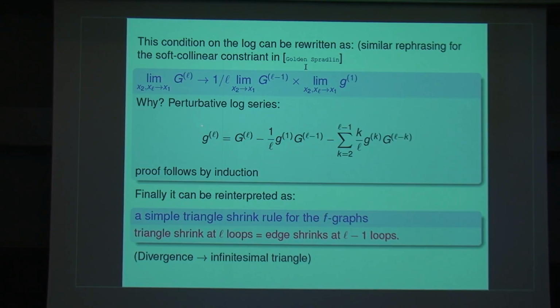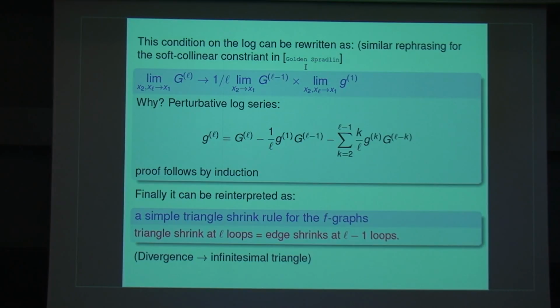So actually, it's not so easy to see why this is the case, but if you rewrite the log in this way, which you can do, so this is the log of the correlator. I mean, you can write the same formula for an amplitude. The log of the correlator is given by the correlator minus the one loop times L-1 loop, together with lots of things which contain logs of lower loop correlators. And then you can prove this statement by induction.